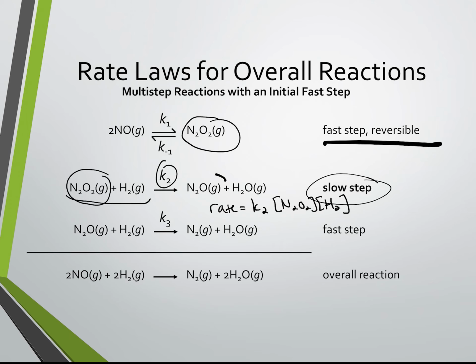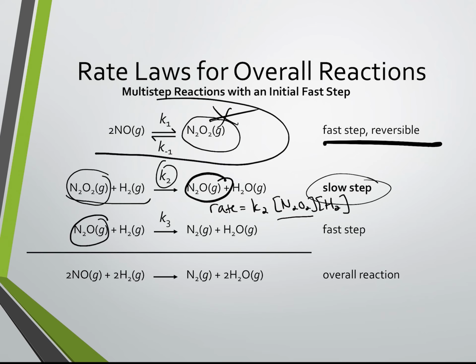So, by the way, is N2O. So, because this is an intermediate, we have to rewrite it. In order to rewrite it, we need to first find where it is formed. So, this is a reaction where we form N2O2. So, we can use it in order to rewrite N2O2. So, we're going to take this equation.